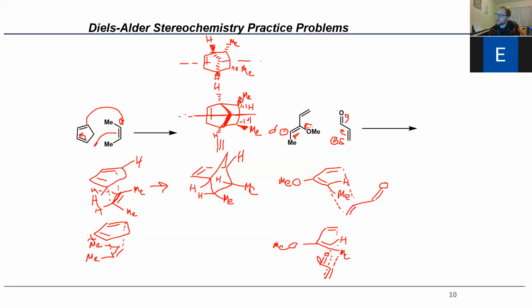We have that crucial secondary orbital overlap here. And so this endo transition state is favored in this Diels-Alder reaction because of this orbital overlap. And so the product that corresponds to this endo transition state looks like this.